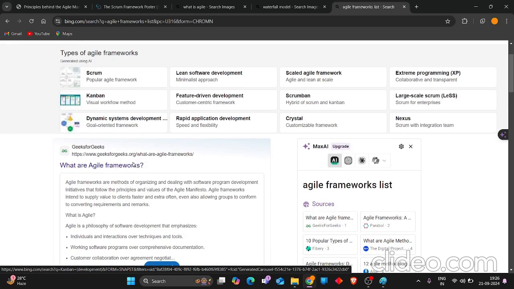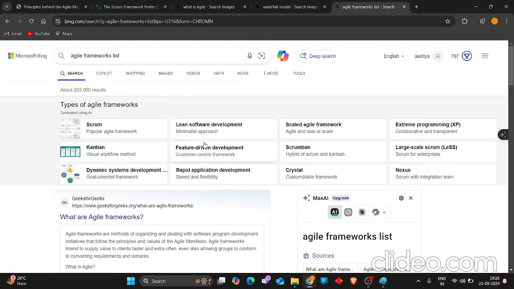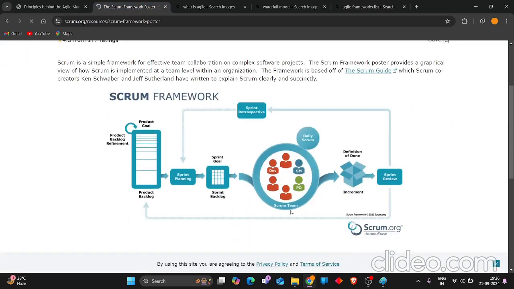But we are going to talk about Scrum in this video. So I am going to show you a diagram. This is a diagram of the Scrum framework from the scrum.org official website.